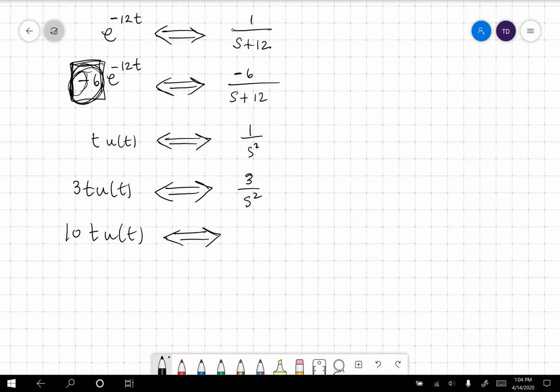Anybody want to help her out? Is it 10 over s squared? Yes, it is 10 over s squared. Okay. So notice we didn't do any integration to find this. We knew this Laplace transform. We just had this number in front. And so instead of going through the integral, we just take that number and multiply on the other side, whatever the Laplace transform of what's circled.